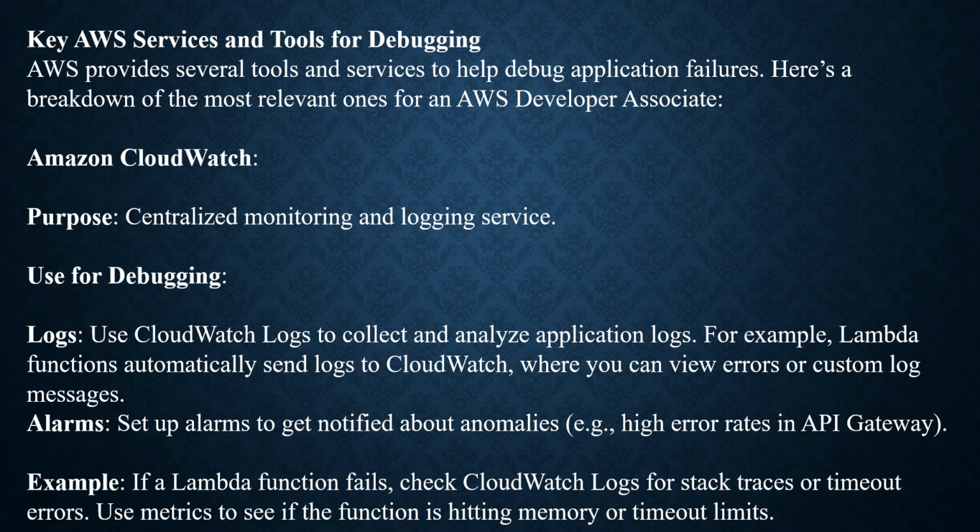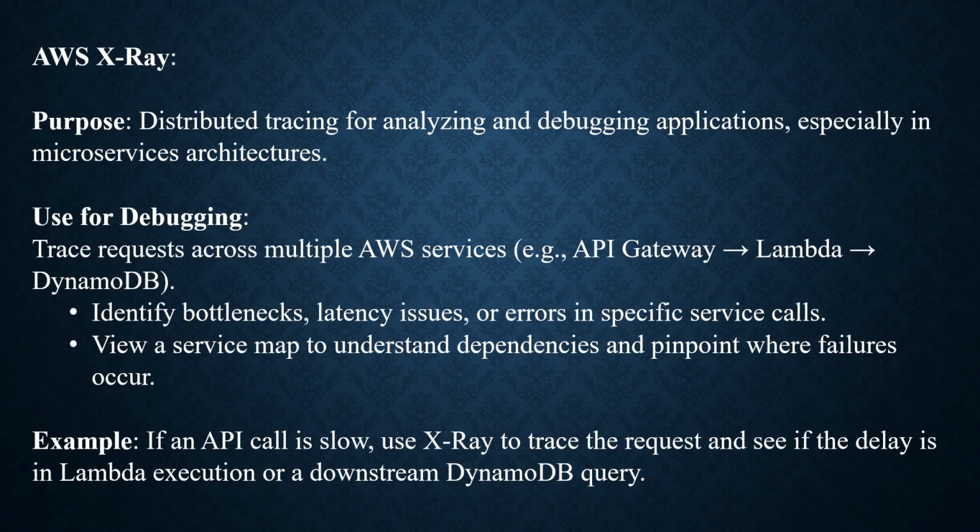For alarms, you set up alarms to get notified about anomalies, for example, high error rates in API Gateway. Example of Amazon CloudWatch: if a Lambda function fails, check CloudWatch logs for stack traces or timeout errors. Use metrics to see if the function is hitting the memory or timeout limits.